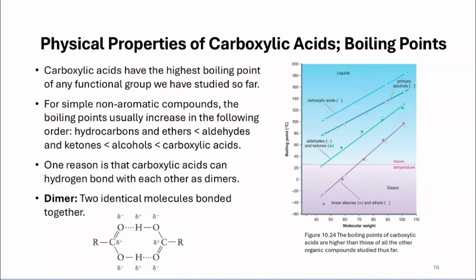If you review the material for chapter 9 and this chapter, remember that alcohols and carboxylic acids can do hydrogen bonding. But the hydrogen bonding that we observe in carboxylic acids is greater because we have the formation of a dimer. We can see in figure 10.24 the trends in boiling points of carboxylic acids compared to other organic functional groups.